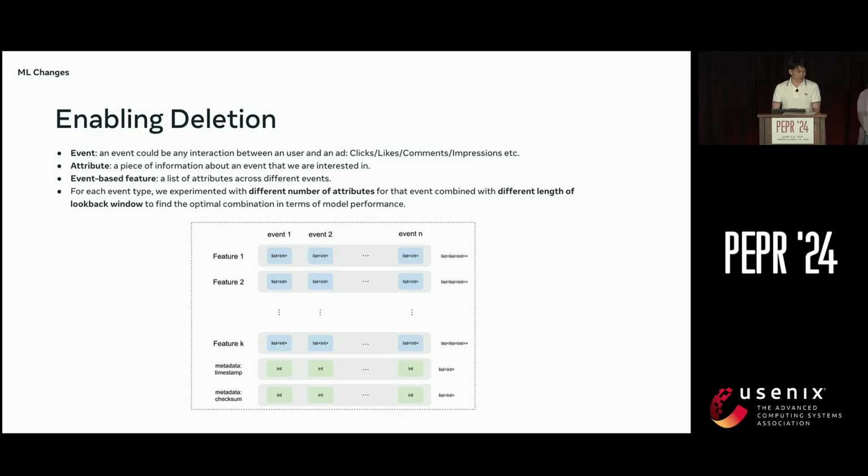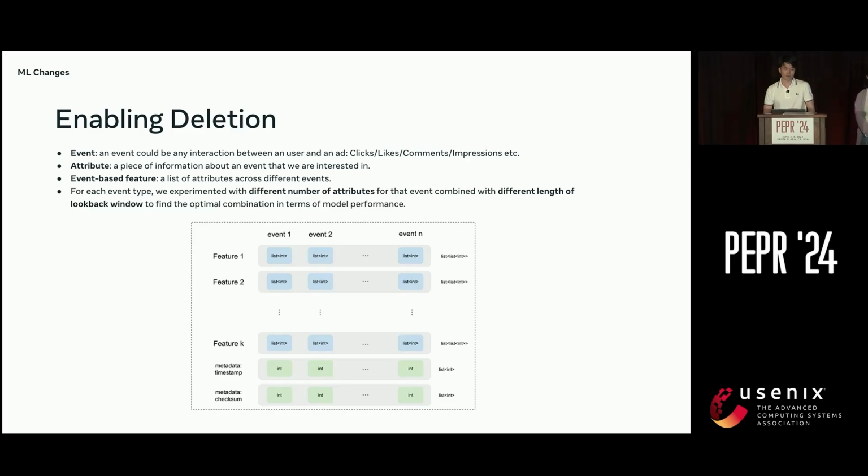Before I dive in, I just want to define a few key terms and our overall approach. So an event I'm referring to can be any interaction between a user and an ad: clicks, likes, comments, etc. An attribute is a piece of information about an event that we're interested in. And then an event-based feature is a list of attributes across different events.